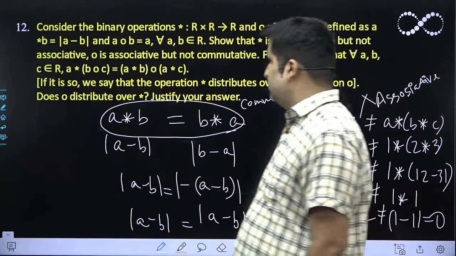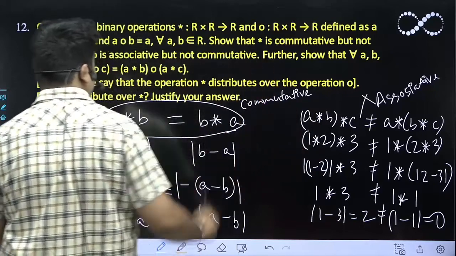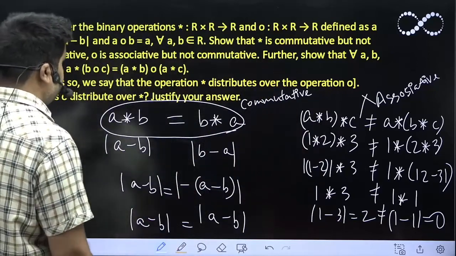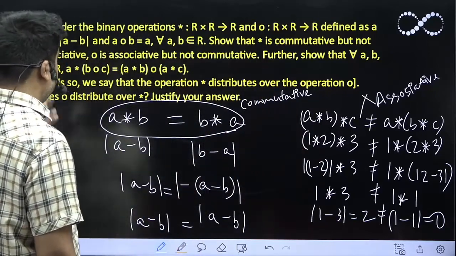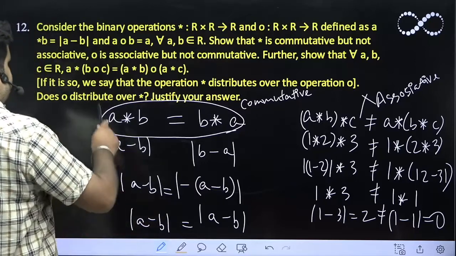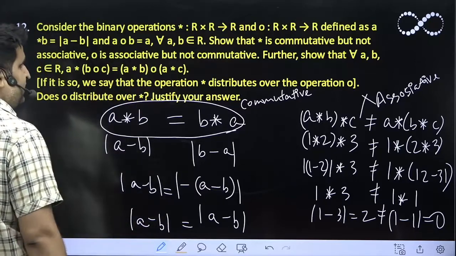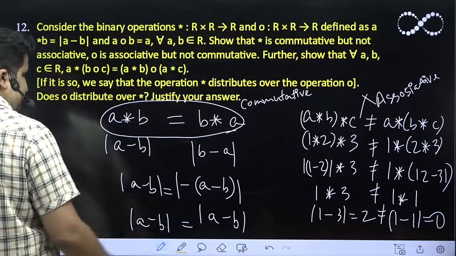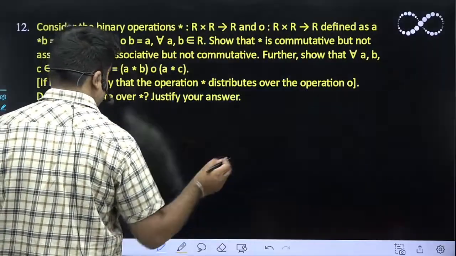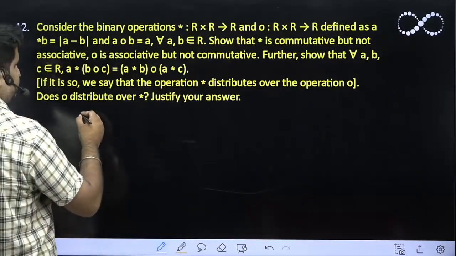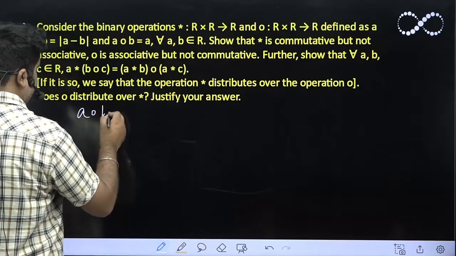So we have shown that this star is commutative but not associative. Now we have to show that O is associative but not commutative. So we can simply show that as well. Let's start with the operation O. What is AOB?